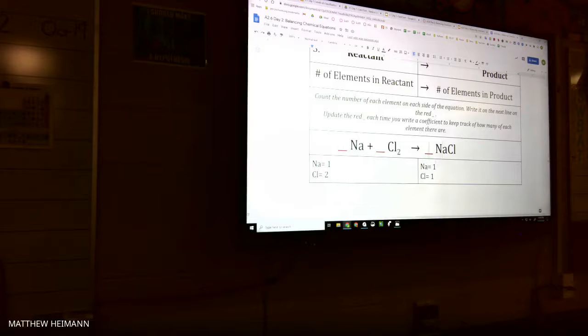Times 2 here. Oh, cool. So you put coefficient 2 here, multiply these both times 2. Then what? This one? Then what coefficient did you put here? All right, so Na is 2, Cl2, perfect. Good job.